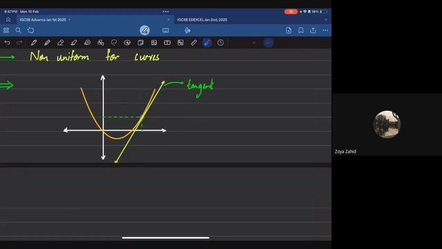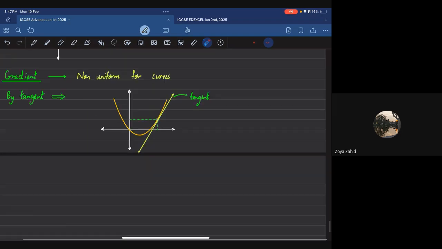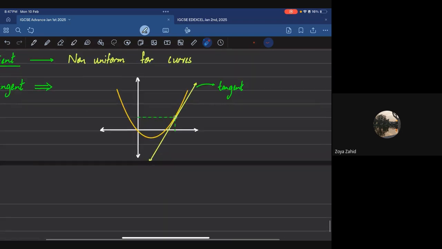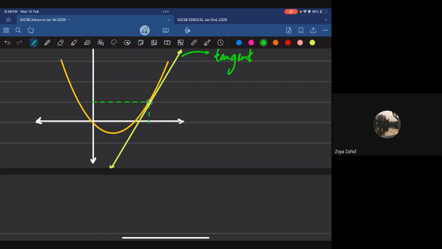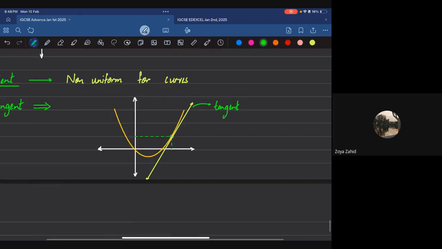Simply because straight lines have constant gradient and we have drawn the tangent such that it touches that point alone and no other point, all the points on the tangent are collinear. And what do we mean by collinear points? That they exist on the same line, therefore they are going to have the same gradient.